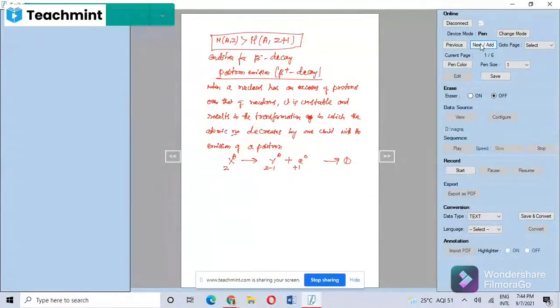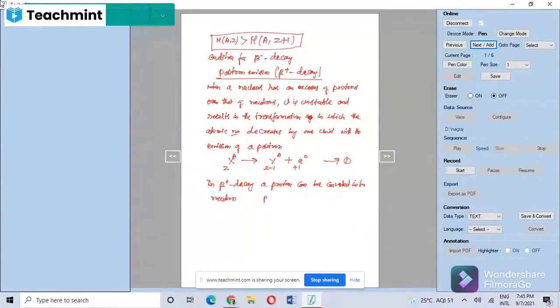And here in beta plus decay, a proton can be converted into a neutron.